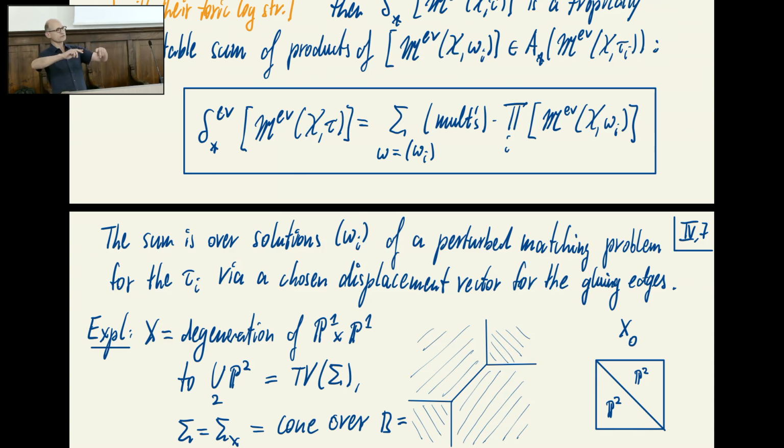So if you think of your tropical tau, you cut certain edges, and then you introduce certain displacement vectors and ask, can you still match? That's what will give you the omegas. I'll do an explicit example, okay? So the sum is over solutions omega i of a perturbed matching problem for the tau i via chosen displacement vectors for the gluing edges.